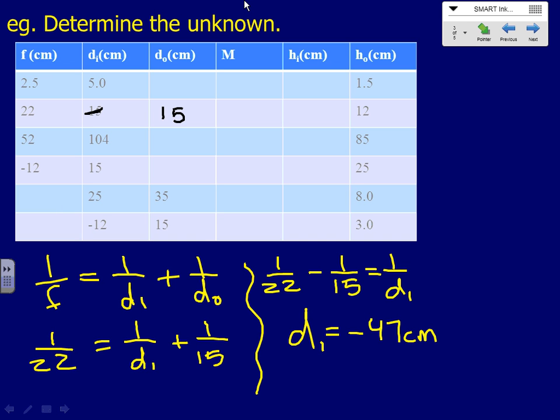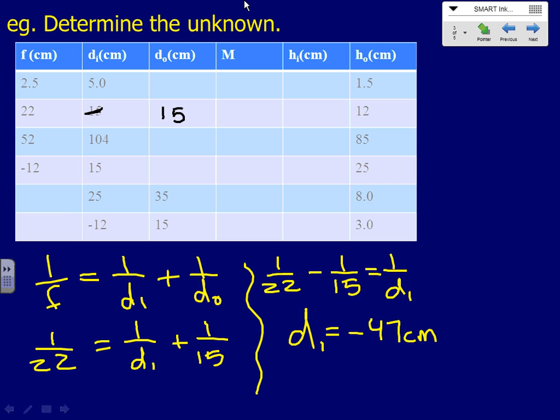22 inverse, then the minus button, then 15 inverse, then equals, just the way it looks. Here, follow me. 22. Yep, press the inverse button. Press the minus button. That's the button with the little line that goes across. Okay. Then 15. Did you inverse that?